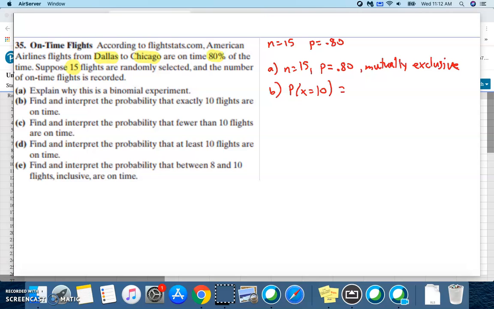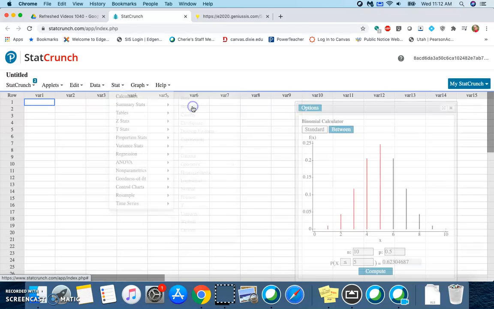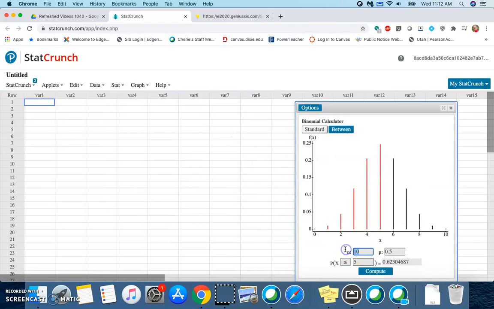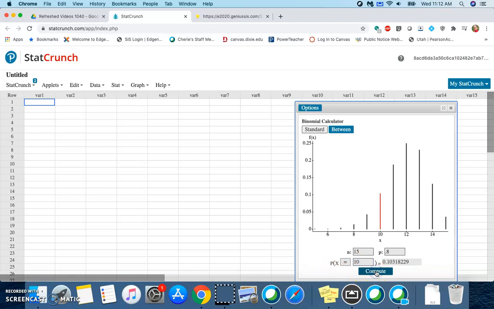Okay, so I'm going to go over to StatCrunch and get under the stat calculator binomial. We have 15 trials, probability of success is 0.8, and we want exactly, so that's going to be equal to 10. So in 15 trials there is a 10.32 or point.